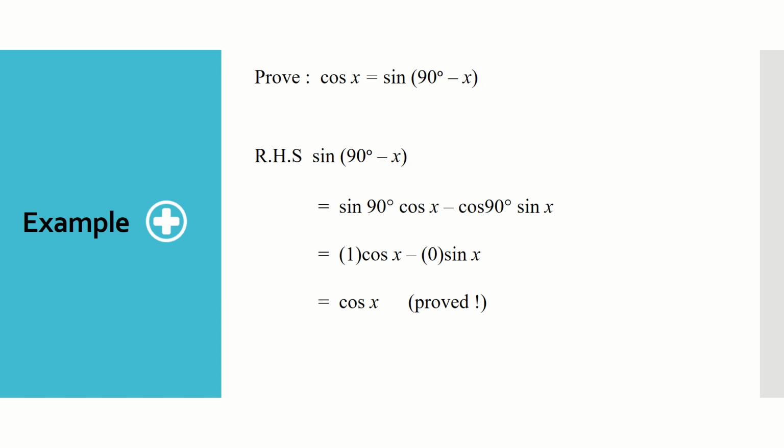So starting from the right-hand side, we will apply the addition formula for sine A minus B and write sine 90 degrees minus x to be sine 90 degrees cosine x minus cosine 90 degrees sine x. Evaluating sine 90 to be 1 and cosine 90 to be 0, we have 1 times cosine x minus 0 times sine x, which gives us cosine x. And now the proof is complete.